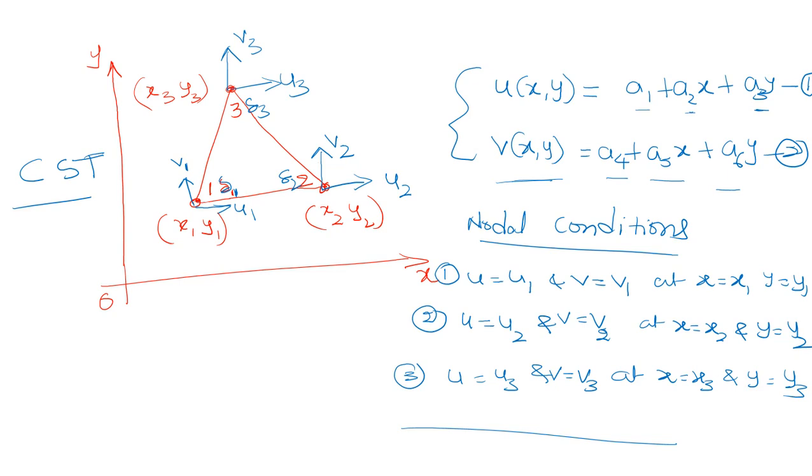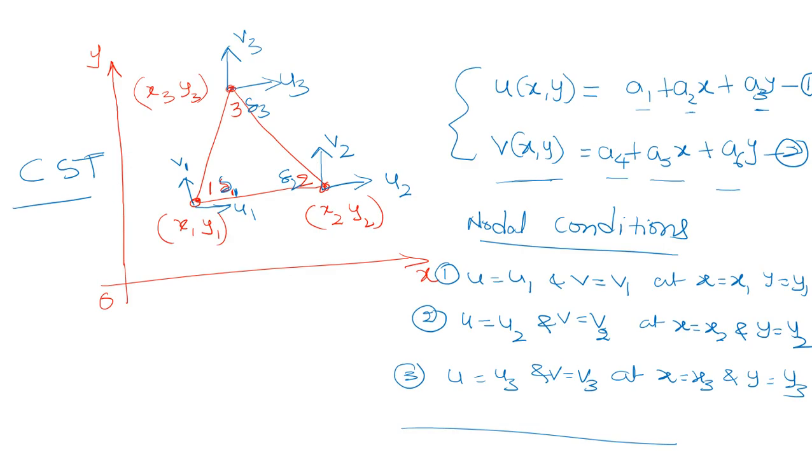Make it fast because we have less time. Now we need to substitute the nodal conditions in equation 1.